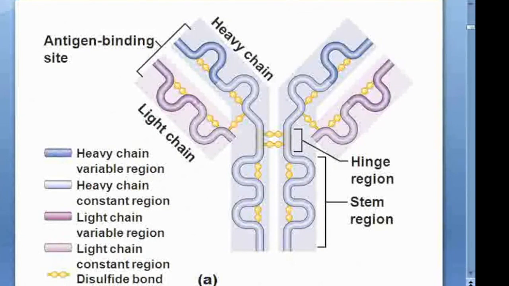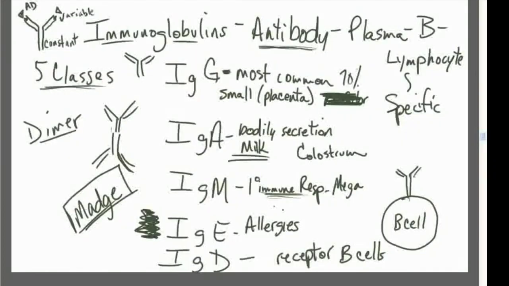Now the fun part. There are 5 major classes of antibodies, also known as, we know, immunoglobulins. Right? Antibodies are immunoglobulins.